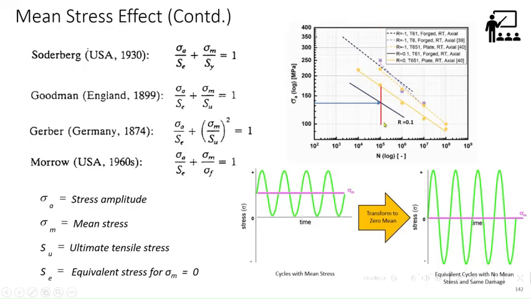What is the number of cycles to failure? 10 to the power 5. But in the event you don't have R equal to 0.1, you refer to R equal to -1, which is readily available in the SN curve, or you have generated it using the Basquin equation. For the same 10 to the power 5, you need around 235 megapascal.